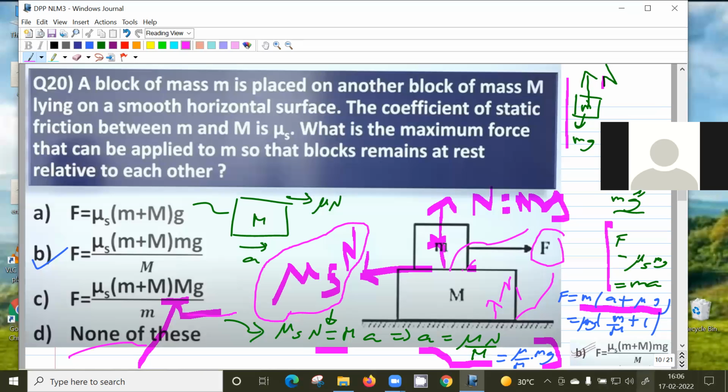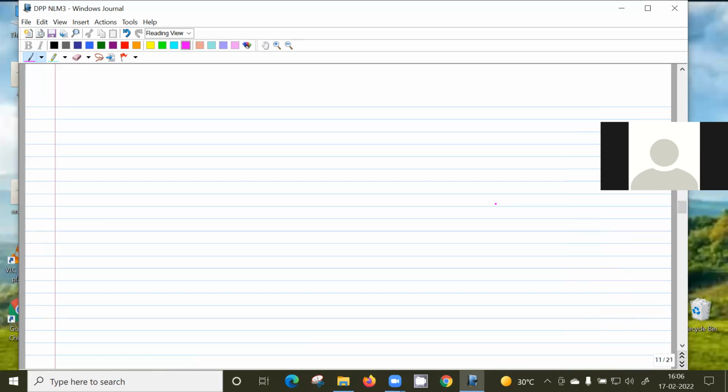So the free body diagram of small m: it will have the weight mg, the normal reaction, and the applied force, and there will be a friction force here, right? Yes, sir. Okay, now the voice is good. Suddenly it is going bad.